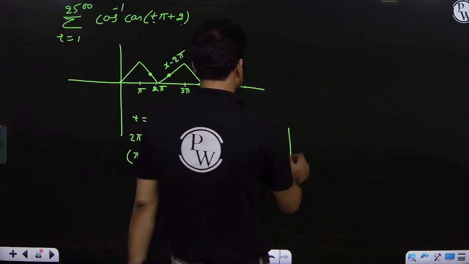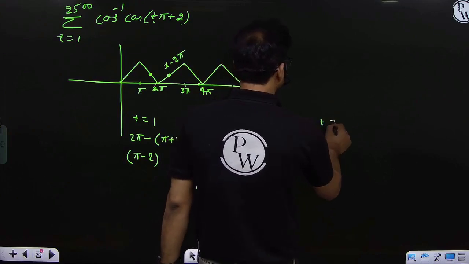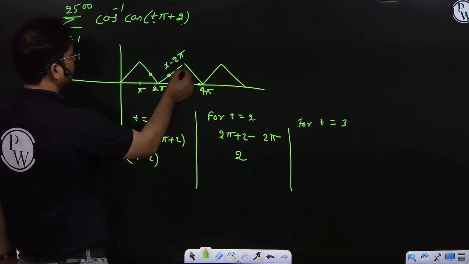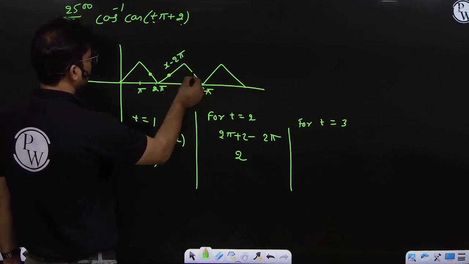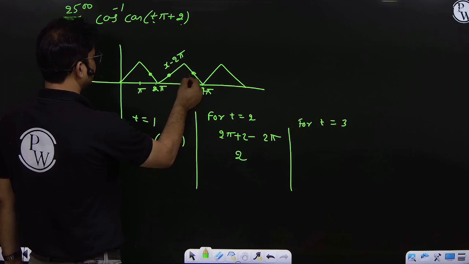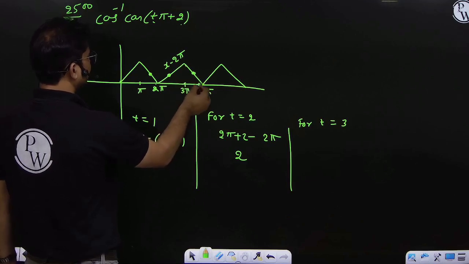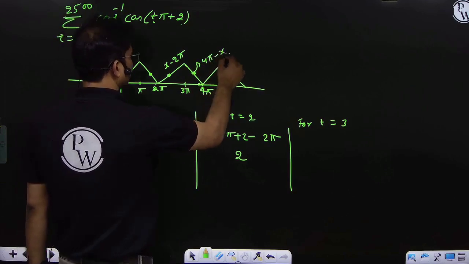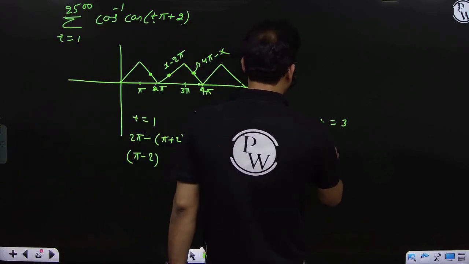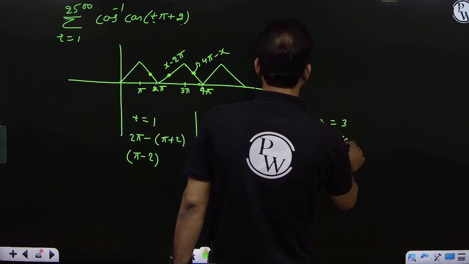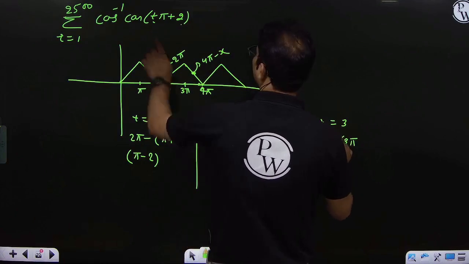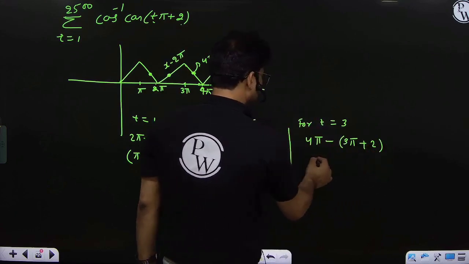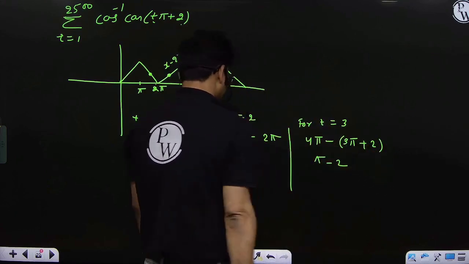For t is equal to 3, value is 3 pi plus 2. Come to the point. 3 pi plus 2 is active on this line, and the line is 4 pi minus x, and the value is 4 pi minus 3 pi plus 2, and the value is pi minus 2.